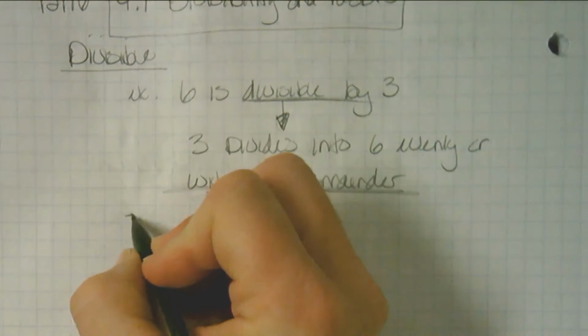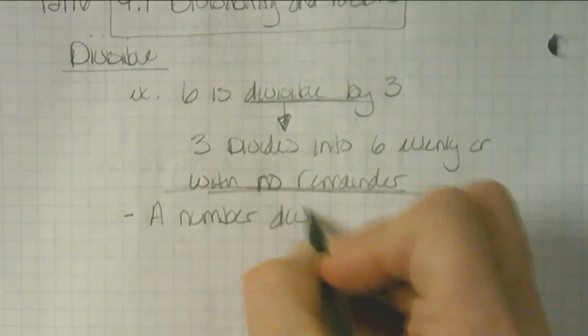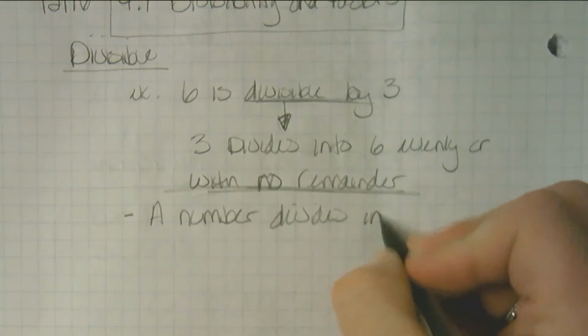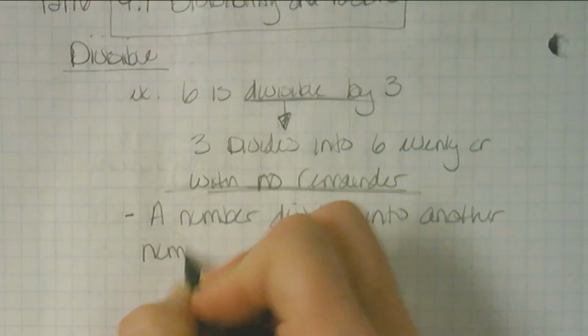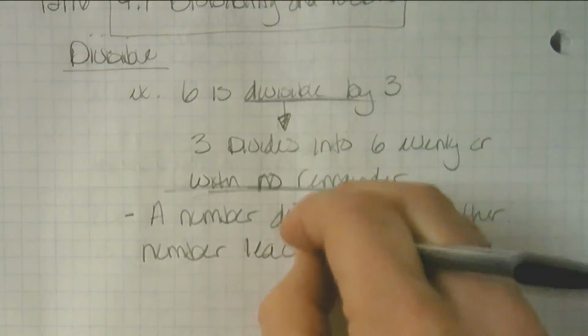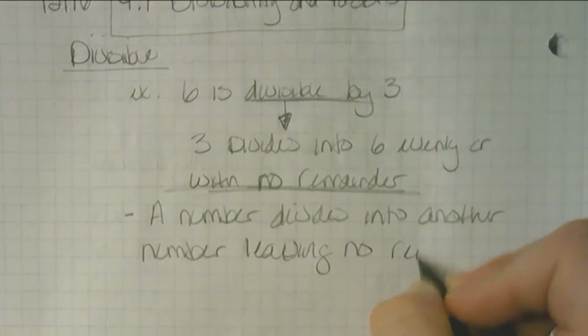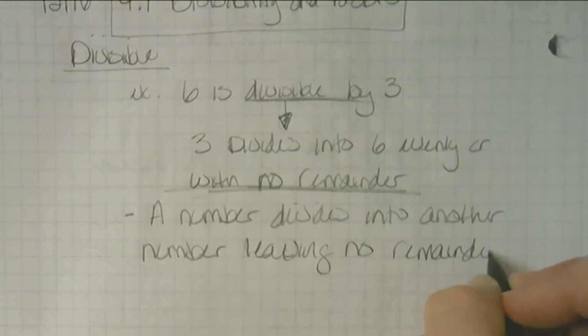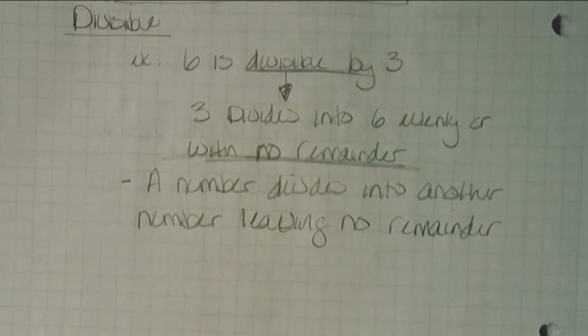So divisible means that a number divides into another number, leaving no remainder. God bless you. So divisible means that a number can divide into another number, leaving no remainder.